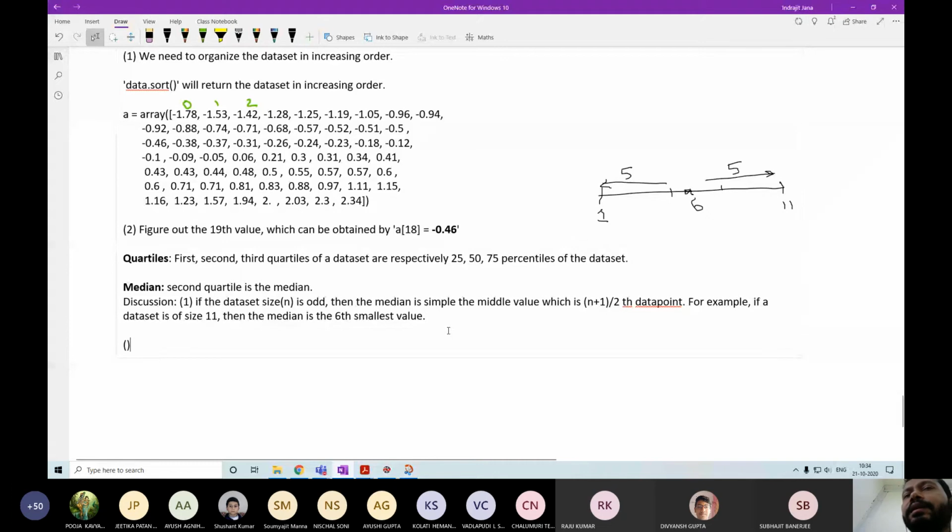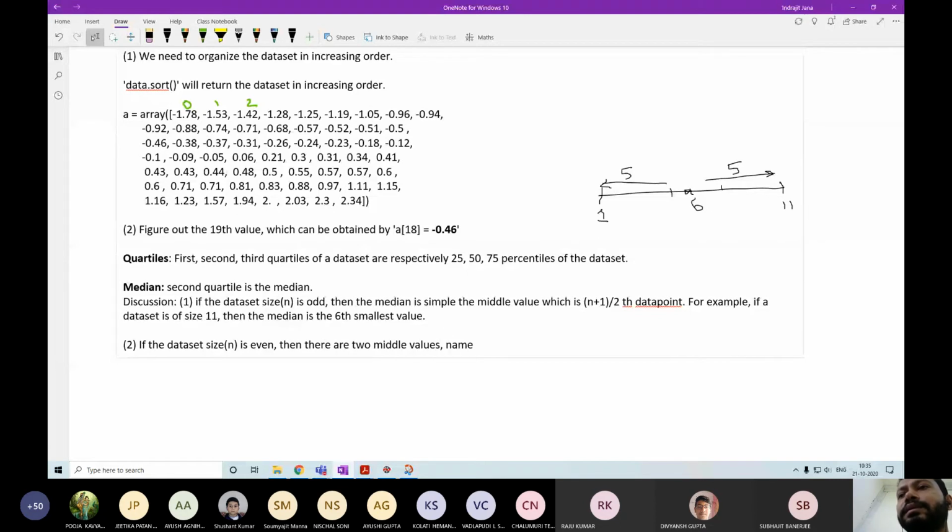Okay. The second one is that if the data set size n is even, then there are 2 middle values, right?